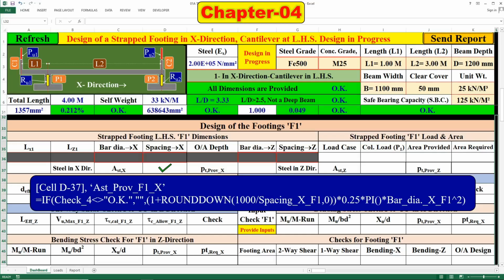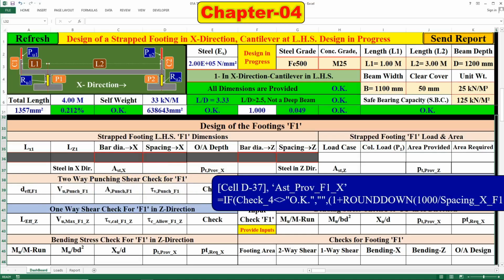First Excel will check check_4, if it remains not OK, cell will remain blank, otherwise, it will calculate the area of steel provided in X direction of F1, by 1 plus, round down value of whole number of 1000 divided by spacing_X_F1, multiplied by 0.25 times pi, multiplied by square of bar_dia_X_F1.